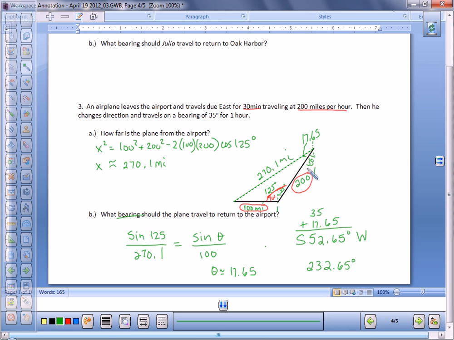So we are 35 plus the 17.65 past the 180 degree mark. Or we could say we are 52.65 degrees west of south. Or you could take this and add it to the 180 and say we're at a bearing of 232.65. Either answer is acceptable.